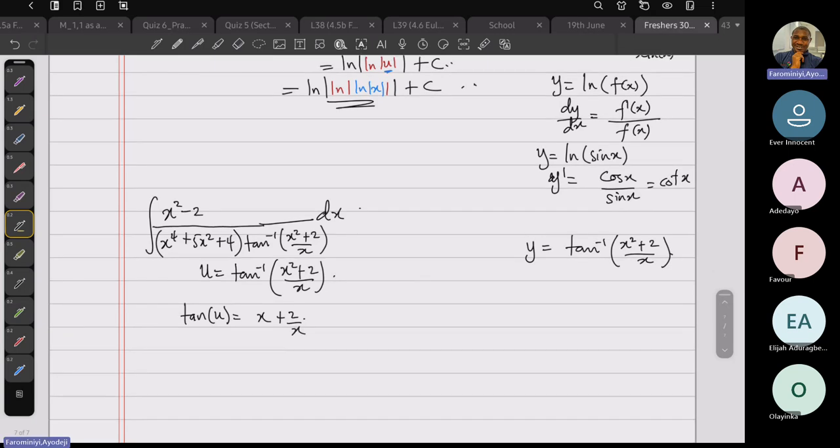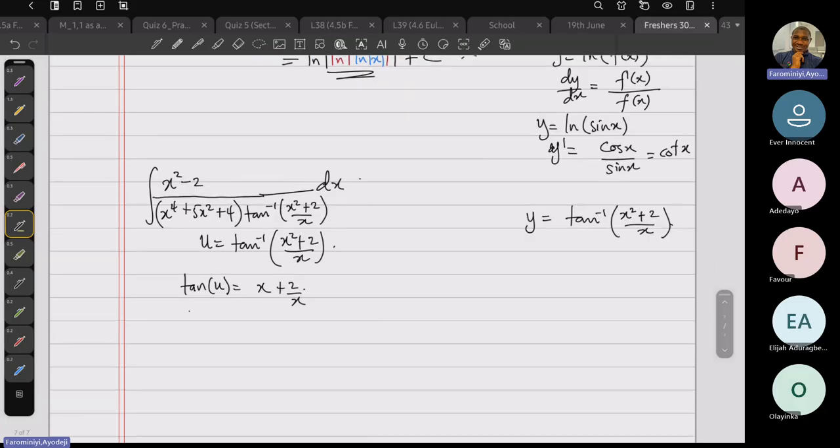Then I can differentiate both sides with respect to x. The differentiation of the left-hand side is sec squared u du dx. And the differentiation of the right-hand side is 1 minus 2 over x squared.